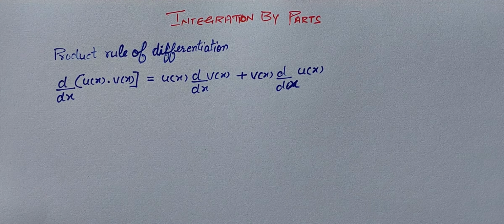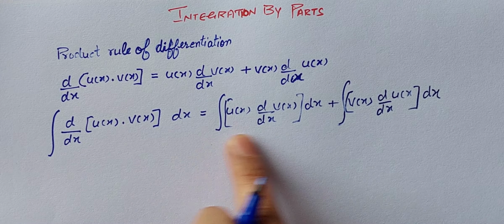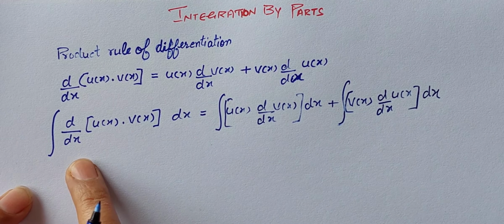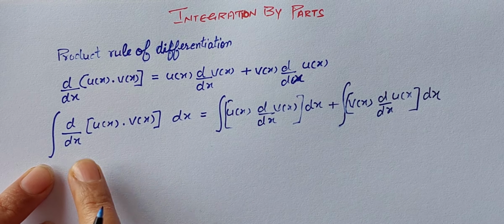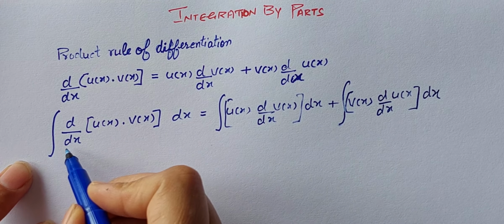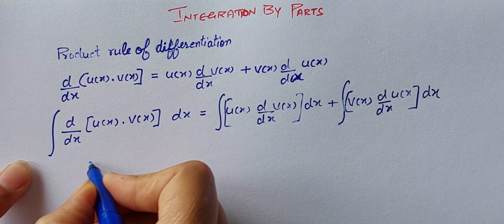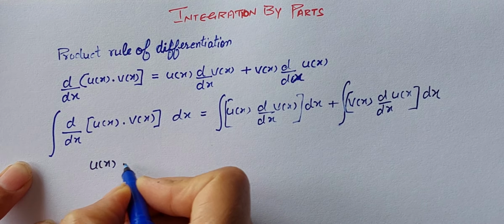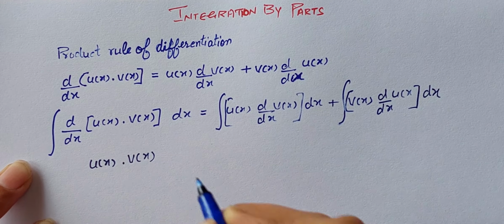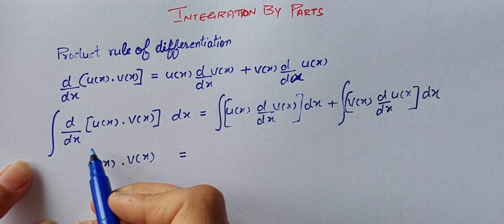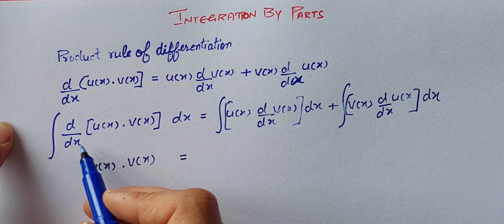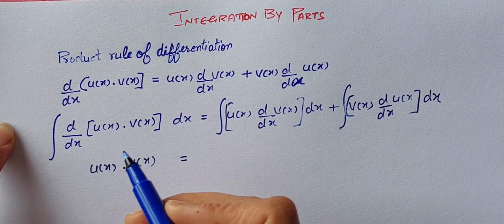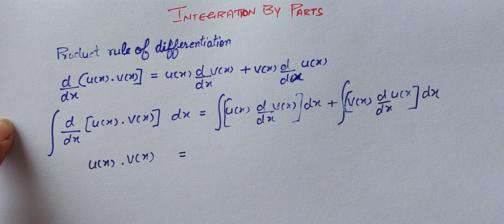Now here, we know this is u(x) times v(x). Now how come? Whenever we have to find the integral of any function, just like the integral of sin x, what goes in your mind?